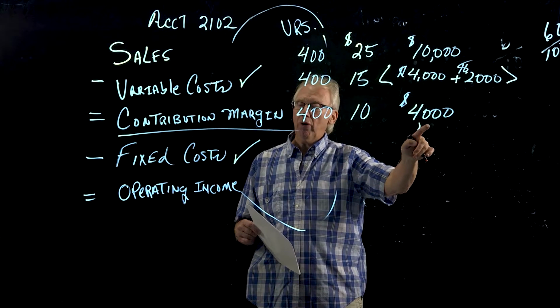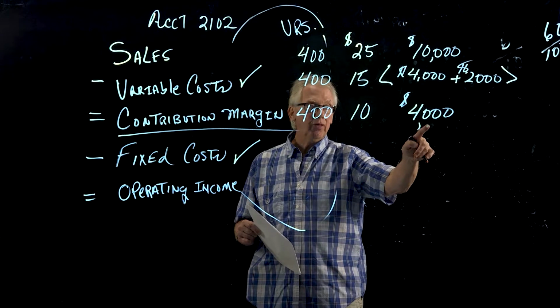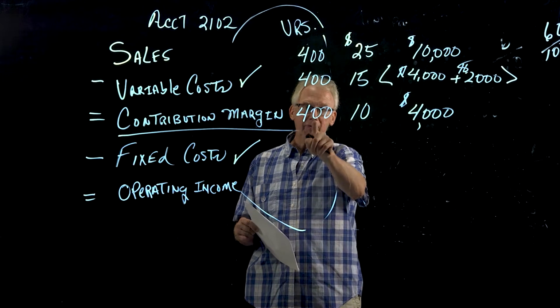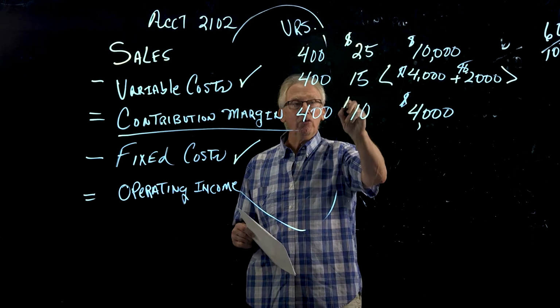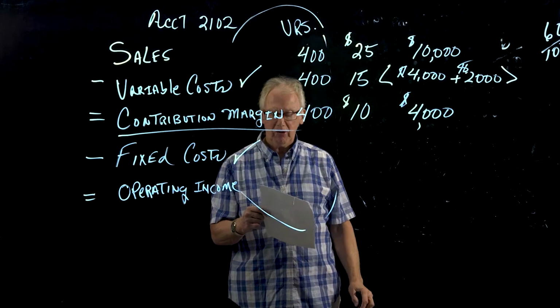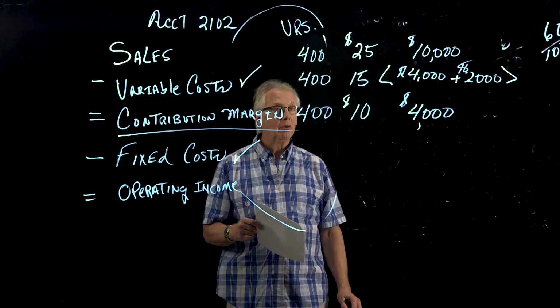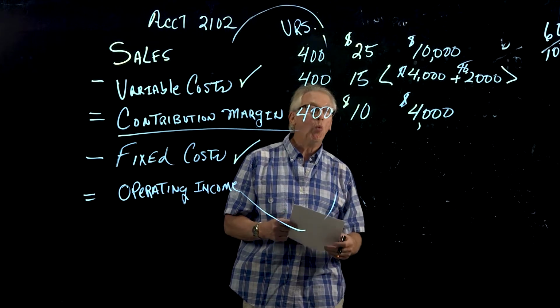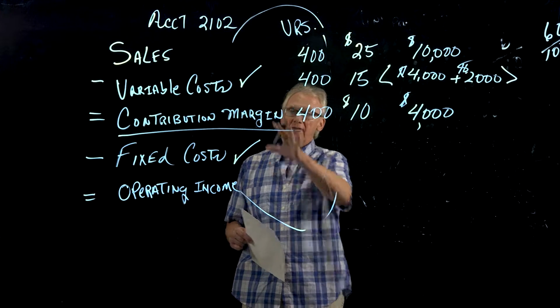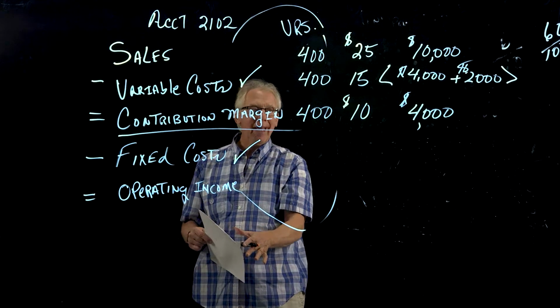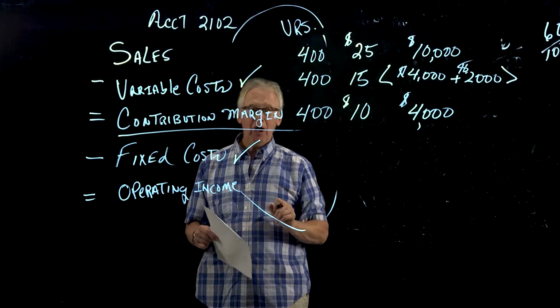And lo and behold, our total contribution margin was $4,000, and we had 400 units. So the unit price, which is what they're asking for, is $10. So that's one demonstration of how this format solved that problem.